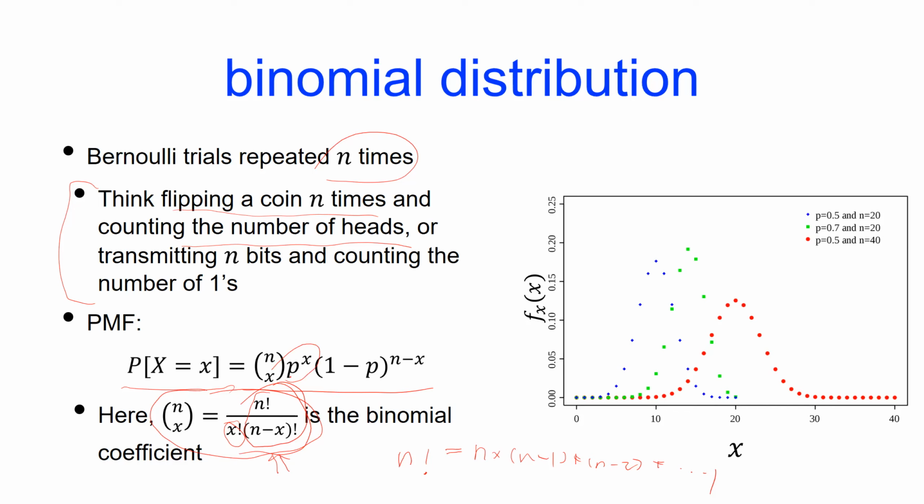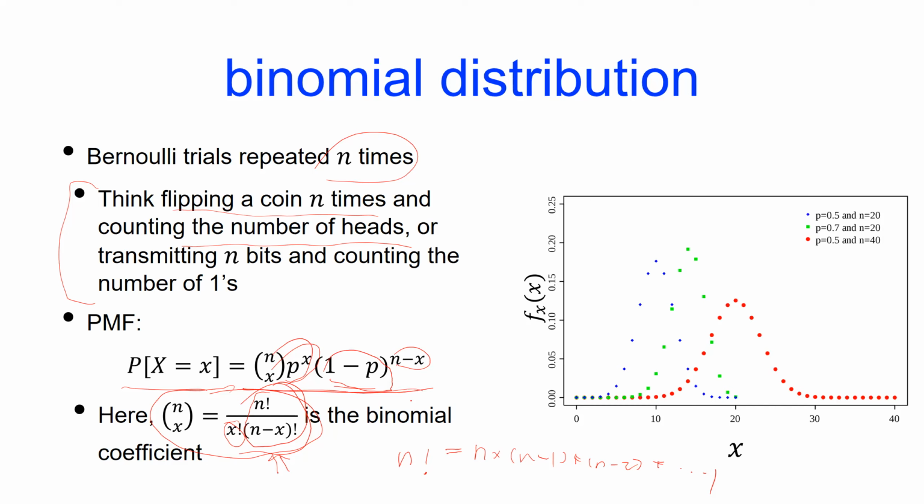So you have p raised to power x to say these x coins are heads. And then each of the remaining guys will be tails, right? How many remaining do you have? N minus x. For each of them, you have 1 minus p chance to be tail. So this is how this formula arrives.